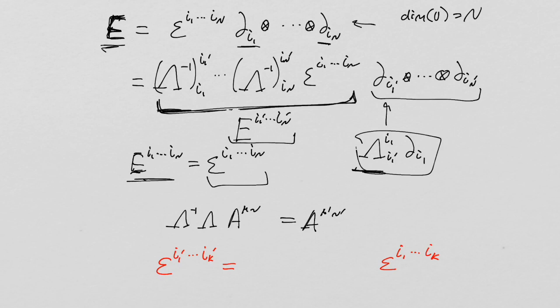If I have a Levi-Civita symbol using some prime indices and a Levi-Civita symbol using unprimed indices, if I take this unprimed one and I transform each index by some matrix A, so I guess it would have to be A I prime, like that, dot, dot, dot, prime, like that.